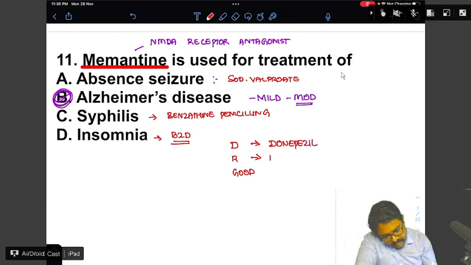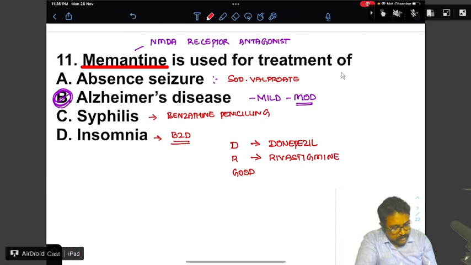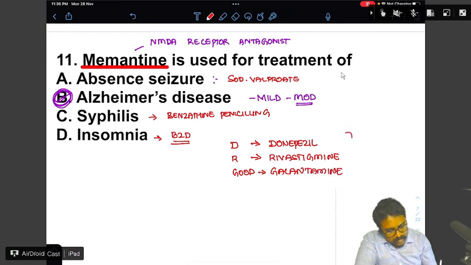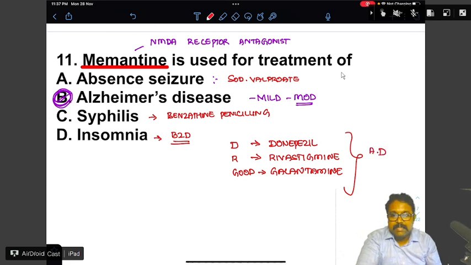R stands for rivastigmine. G stands for galantamine. So these are the drugs which are used in the treatment of Alzheimer's disease.